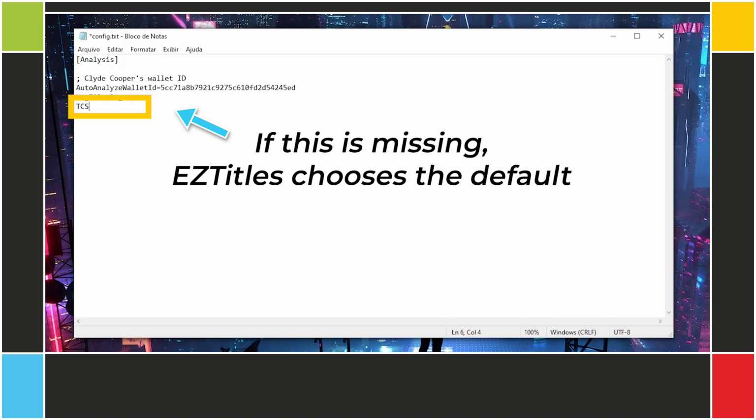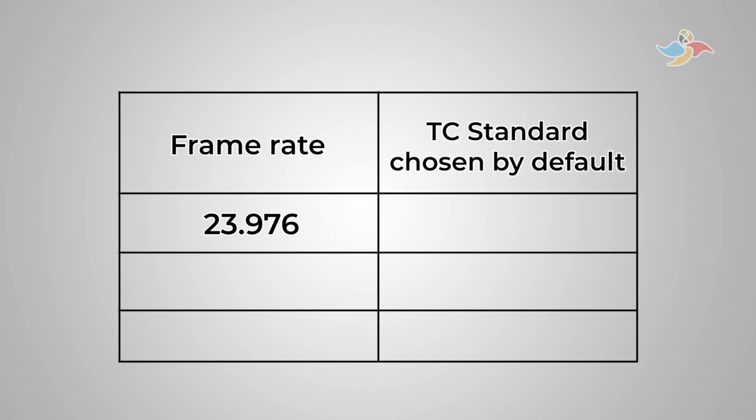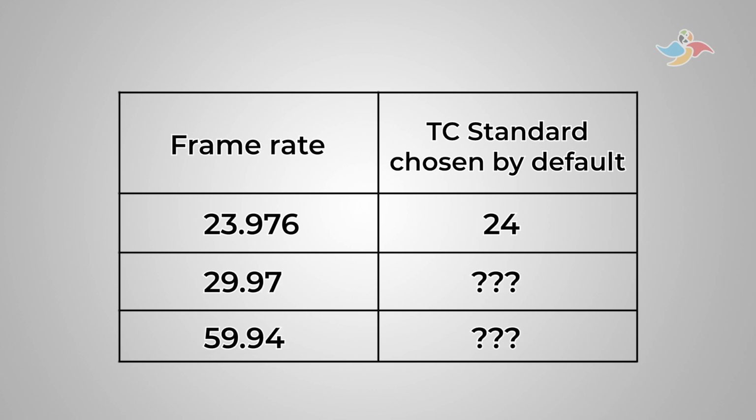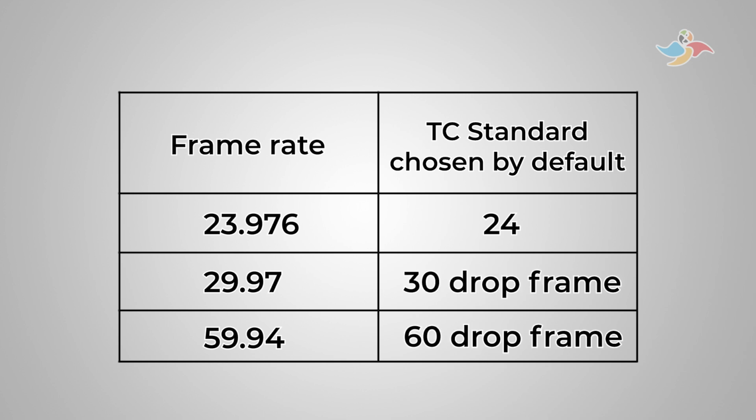If the timecode standard is not set, Easy Titles will choose the default timecode standard for the frame rate. For example, for a 23.976 FPS video, the 24 FPS standard will be chosen. In this situation, if Easy Titles has a choice between drop frame or non-drop frame, it will choose drop frame unless the config file is set otherwise.